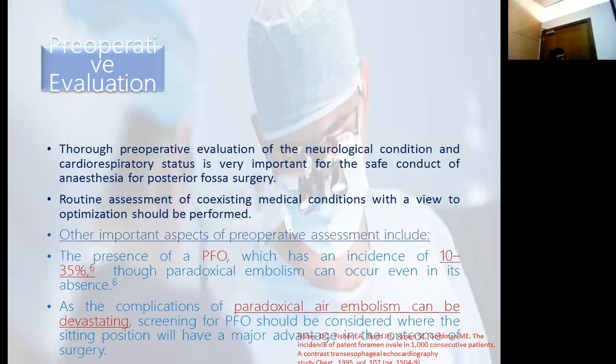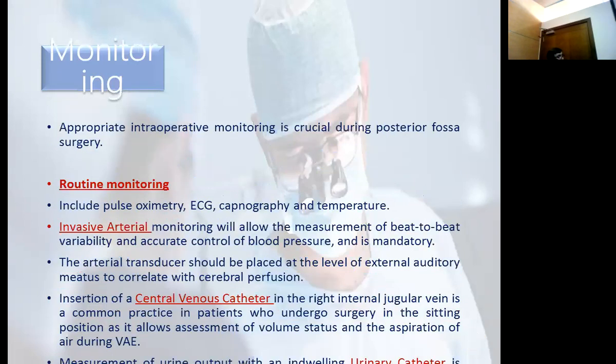Unfortunately, paradoxical air embolism can happen even with 1 ml of air, with catastrophic results. The incidence of any communication is quite high, between 10 and 35%. So I would suggest doing an echocardiogram for all patients going in the sitting position, just to exclude any communication between the right and left heart. Because if there is a communication and a very small amount of air comes into the system, you might end up with a disaster: a stroke in the brain and a catastrophic outcome for the patient.